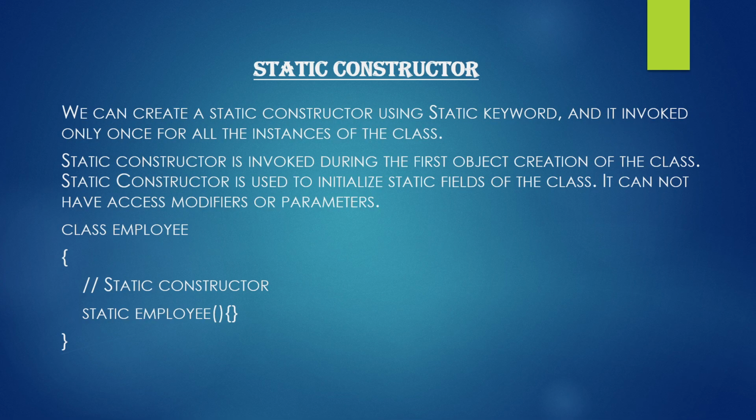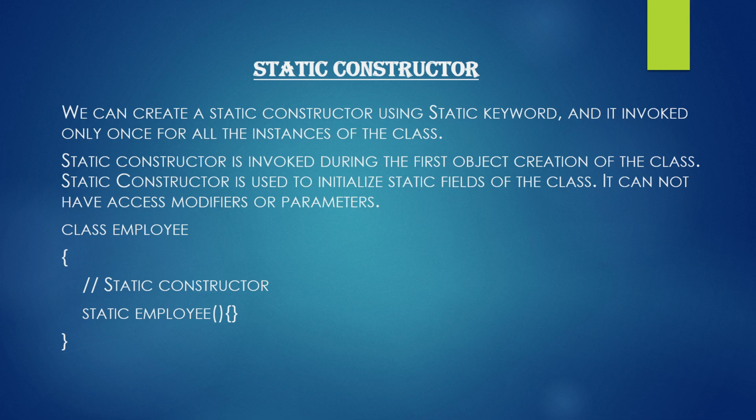So this is the static constructor. We can create a static constructor using the static keyword, and it is invoked only once for the instance of the class. A static constructor is invoked during the first object creation of the class. A static constructor is used to initialize static fields of the class. It cannot have access modifiers or parameters.